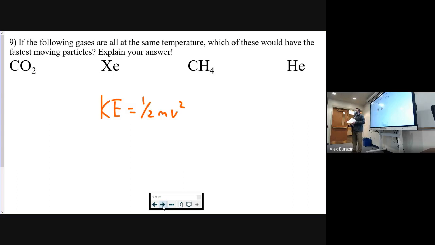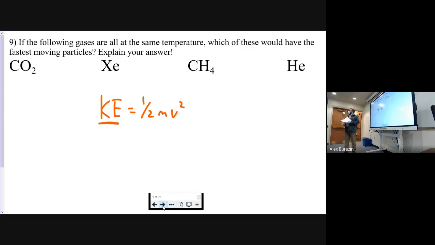Temperature is the average kinetic energy of a sample. So if I have two gases at the same temperature, I have the same kinetic energy. So if all of these are at the same temp, they all have the same kinetic energy, and now I can figure out which one's moving the fastest. Big mass, slow velocity. Low mass, tiny mass, big velocity. So which of them are moving the fastest?